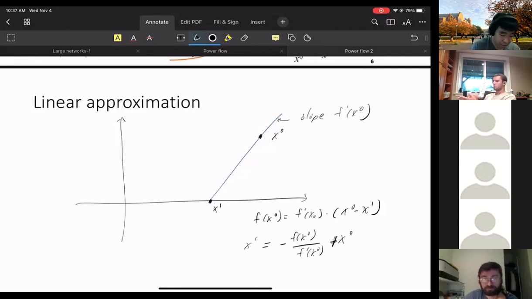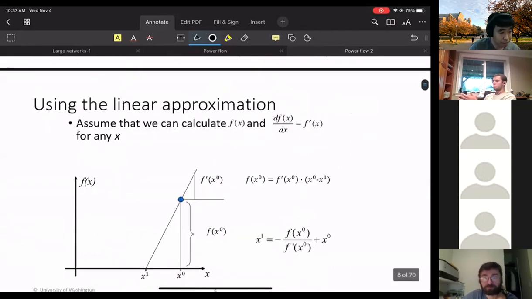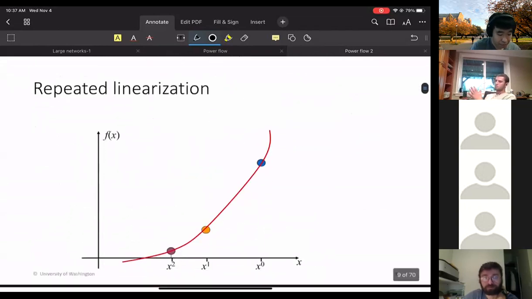Then what you do is, this is your x1. So this just repeats the calculation. The idea is to repeatedly linearize. Let's say this is your first point at x0. You drop a tangent, you get to x1. Then you evaluate the function value f of x1. It's not 0, but it's getting quite close.